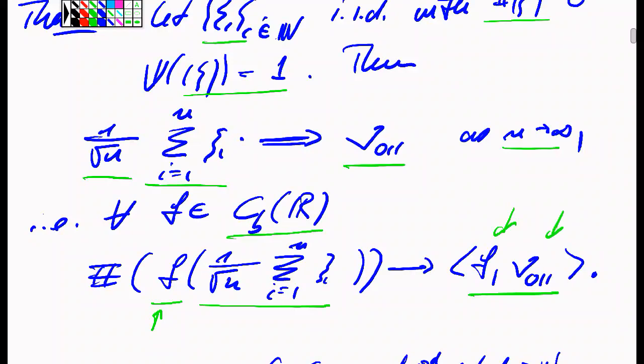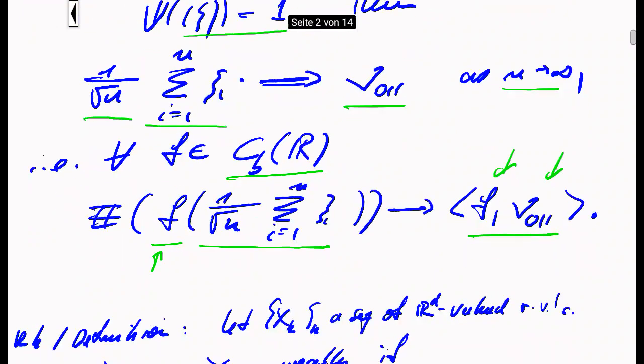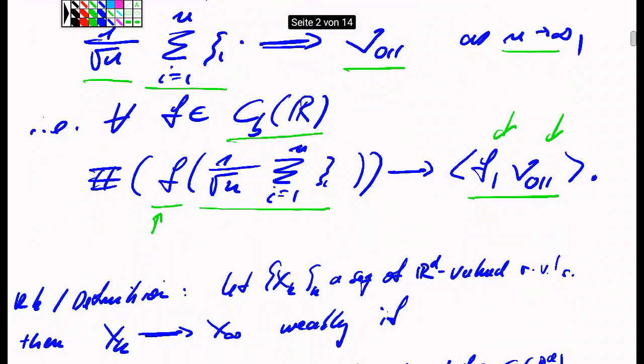So convergence in law says that the expected values converge to the expected value of the claimed limit when we evaluate the expected values with all kinds of continuous bounded functions.